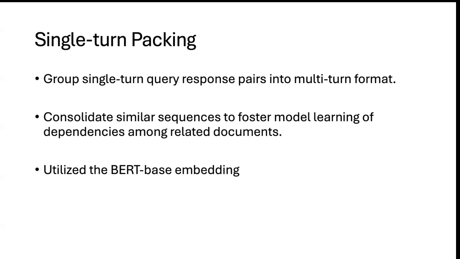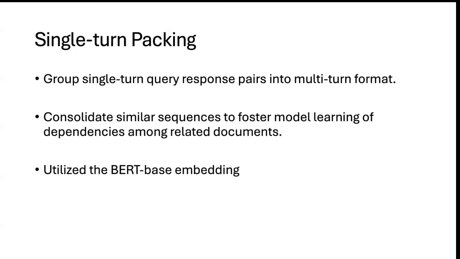we extracted almost 150,000 high quality single turn codes. In order to get multi-turn data, we have to group single turn query responses into multi-turn format, and this can be done by consolidating similar sequences, because we know that similar single prompts will be somehow related to each other.